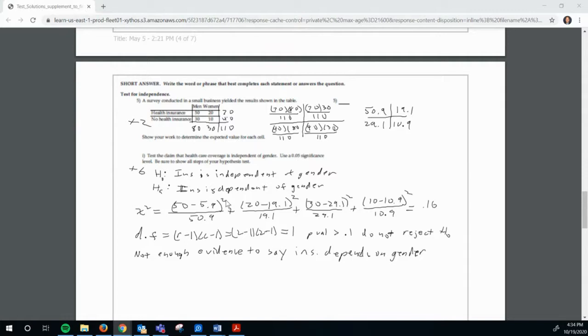So Brandon, this is for you too. Just 70 out of 110. Very good. Okay. So 70 people have health insurance out of 110. What would be the probability that a woman has health insurance?